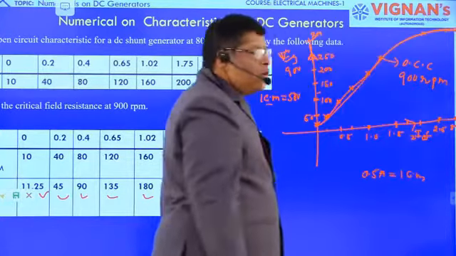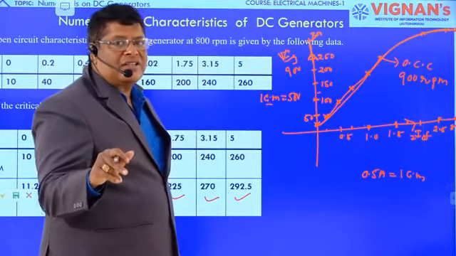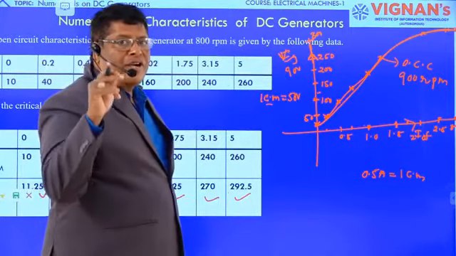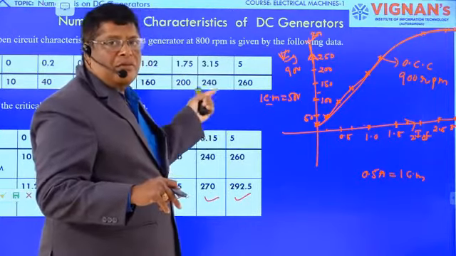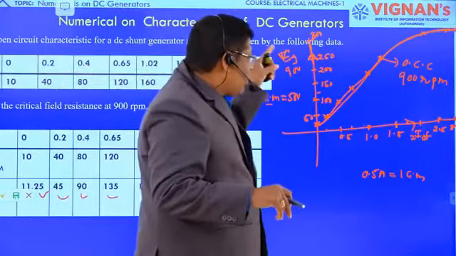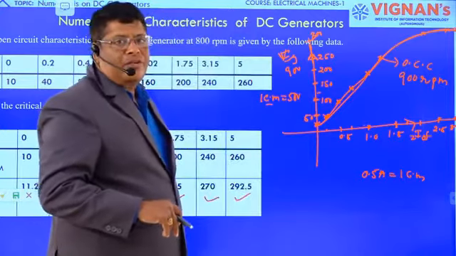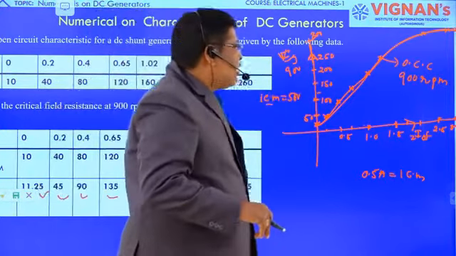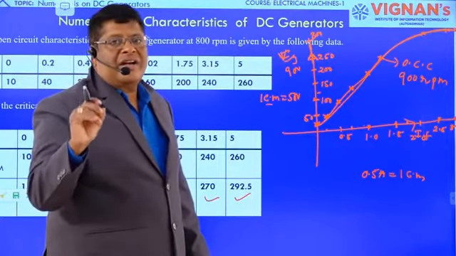We have to calculate the critical field resistance. We developed the data at 900 rpm, took that data, and drew the graph. This OCC is the open circuit characteristics of a DC generator at 900 rpm.